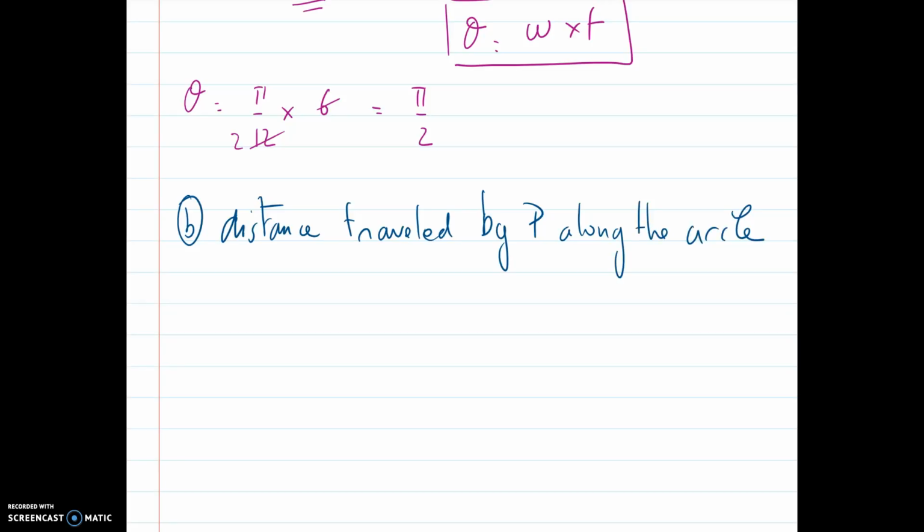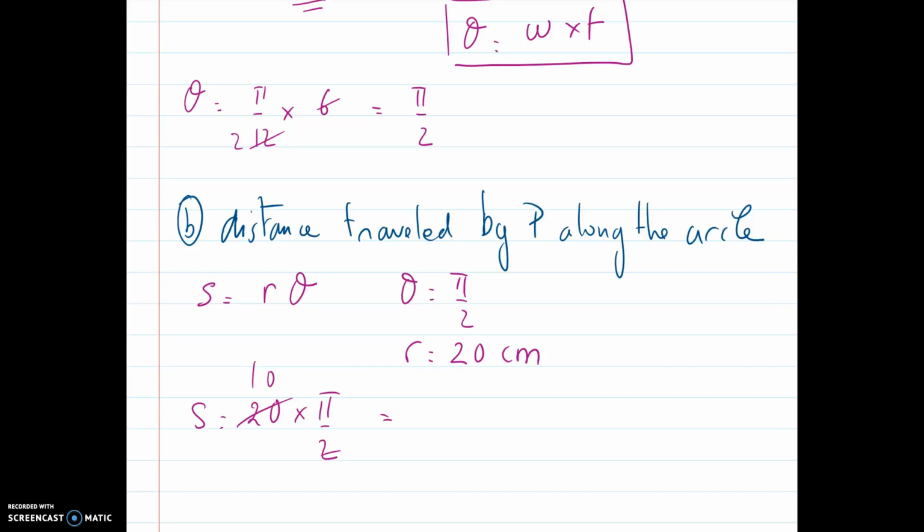I know that the distance is the length of the arc. The distance S is equal to r theta. Theta equals pi over 2, and r equals 20 centimeters. Therefore, S is equal to 20 multiplied by pi over 2. We end up with 10 pi centimeters.